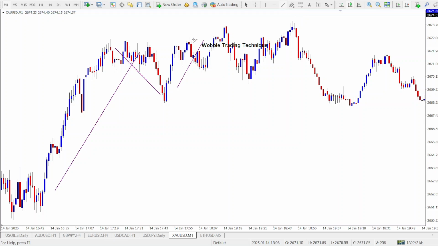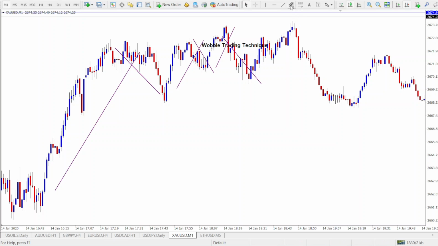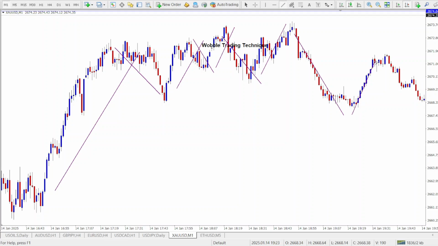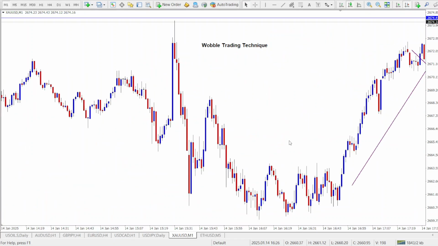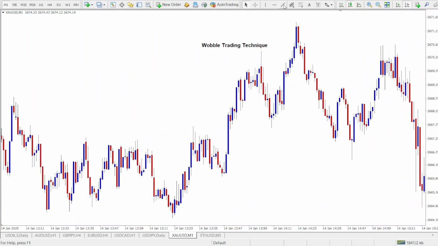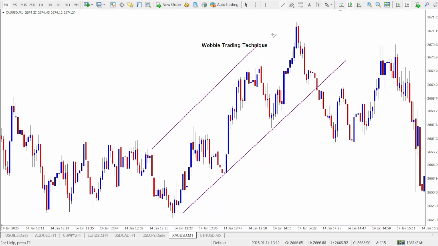As it is usually said, price does not move in a straight line. You always have your impulse moves and your corrective moves. For example, this is a bullish trend, marked by higher highs and higher lows.